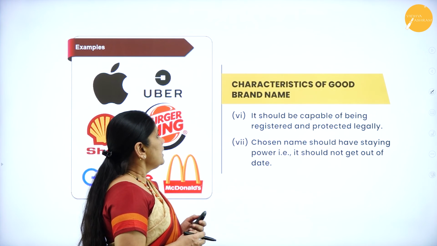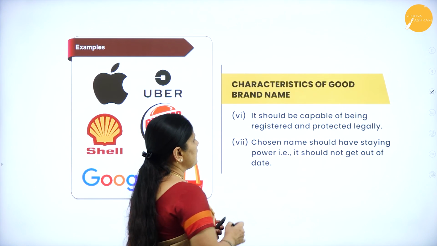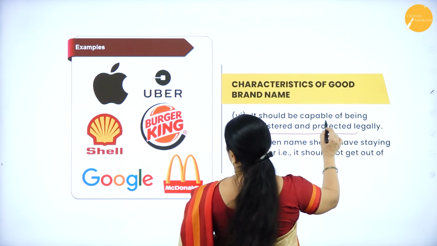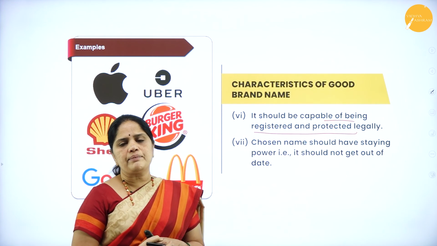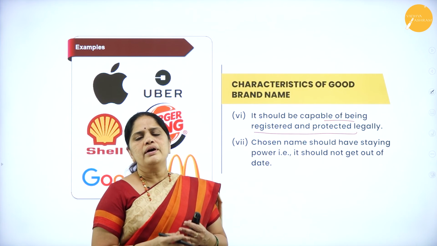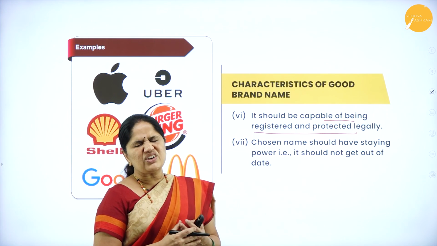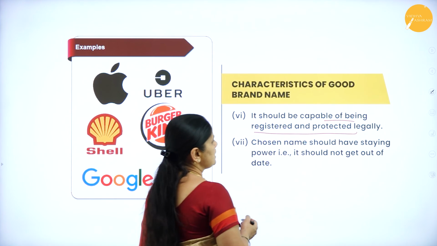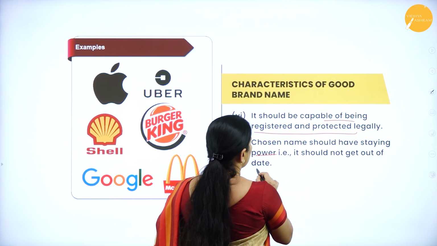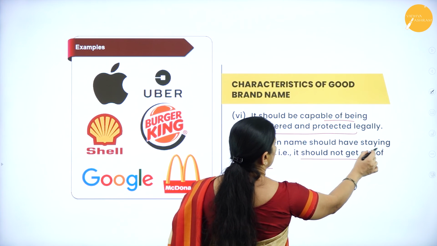Then next, it should be capable of being registered and protected legally. So whenever we have decided about the brand name and the logo, it has to be registered, and only then can we get legal protection. Then the chosen name should have staying power. That is, it should not go out of date.